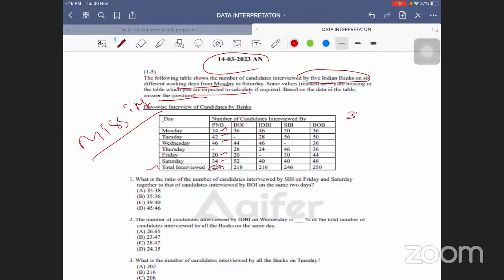So 34, 42, 46, 20 plus 34, minus 224 total. Using the total interviews, we can find how many people were interviewed on Thursday. What is the answer?